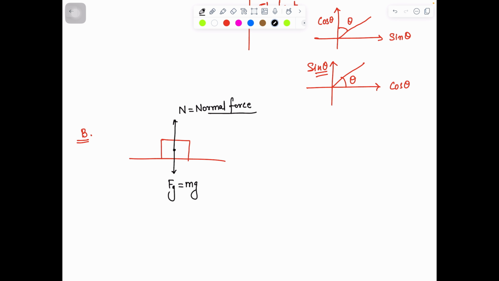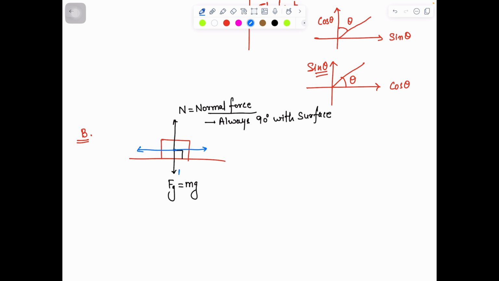What is the property? It is always at 90 degrees with the surface. Just check: this is your surface and what is the angle? 90 degrees, yes or no? Okay, there are two more forces you need to understand, one on this side, one on this side.